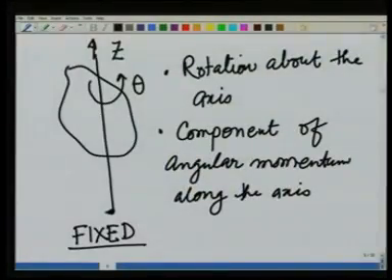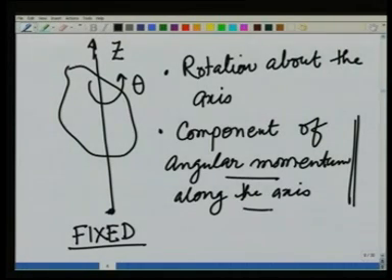I am not even allowing for the axis to translate; that we will consider the next step. So, we are considering a fixed axis rotation with no translation. As I said, other components of angular momentum in this case are compensated for by the torques that I apply to hold the axis in place. The only component is the component of angular momentum along the axis. So, let us first calculate that.